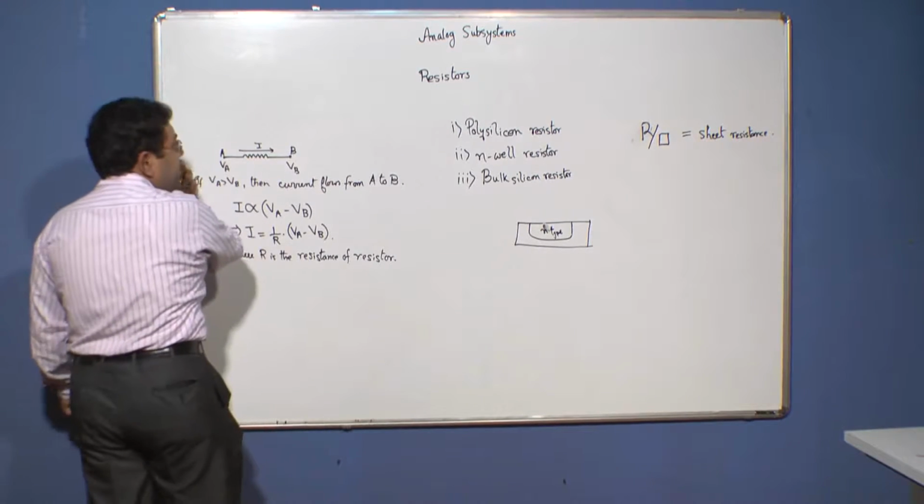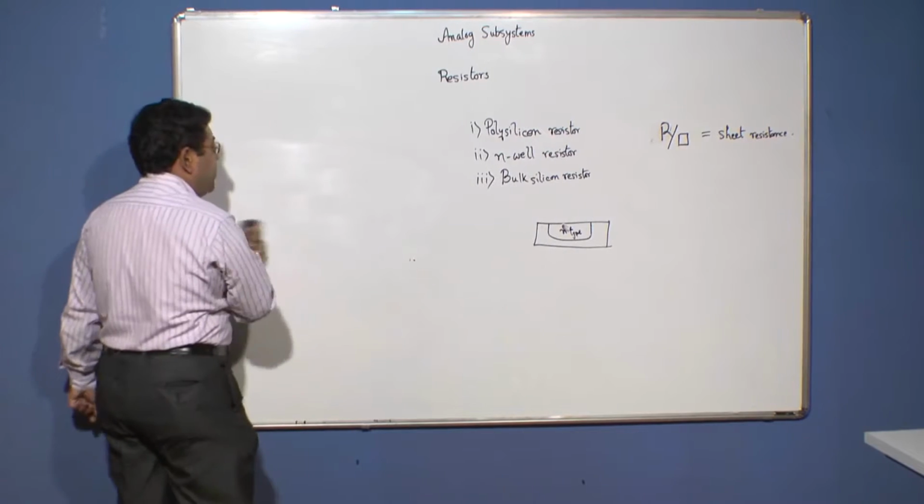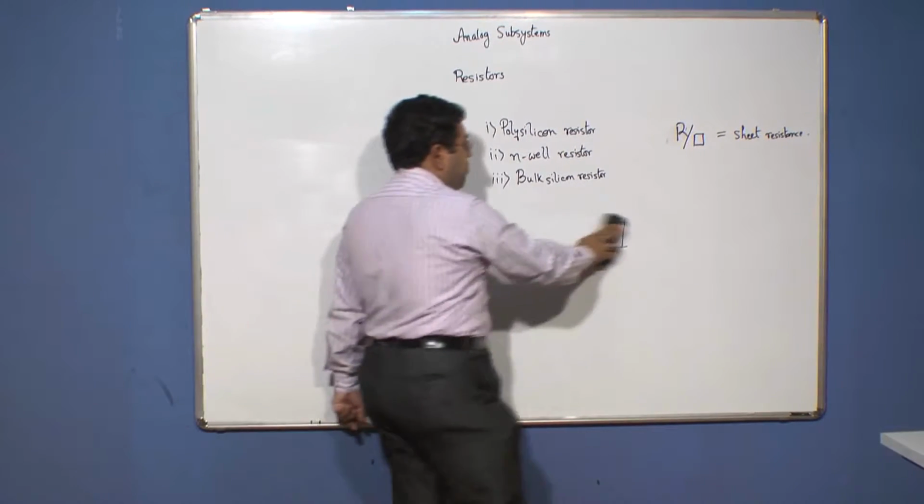Now, let us see how to implement a resistor using a MOS circuit.